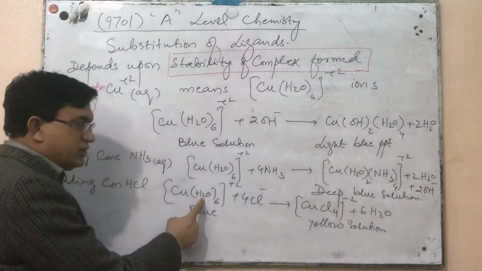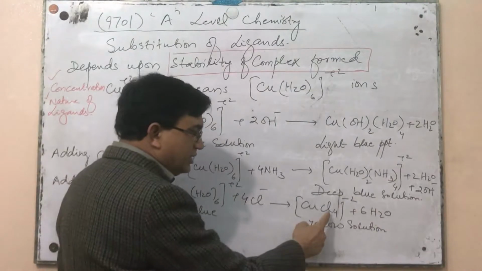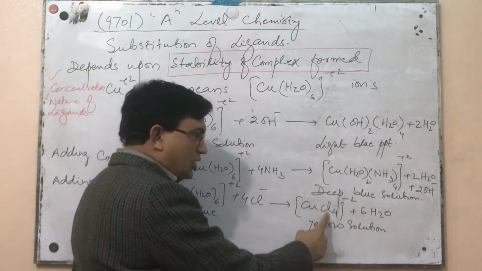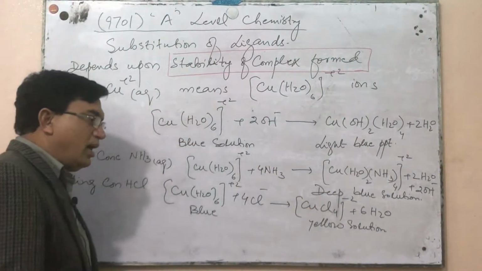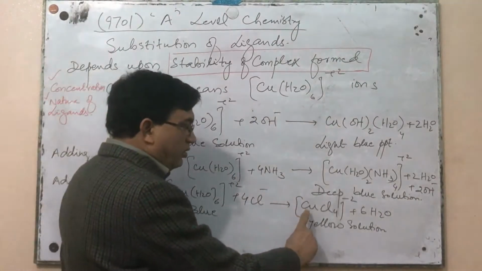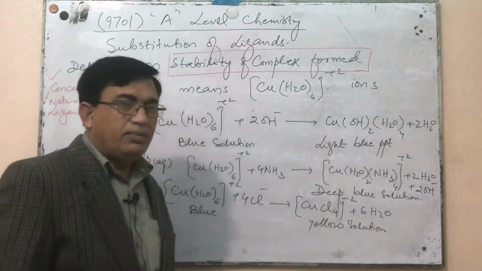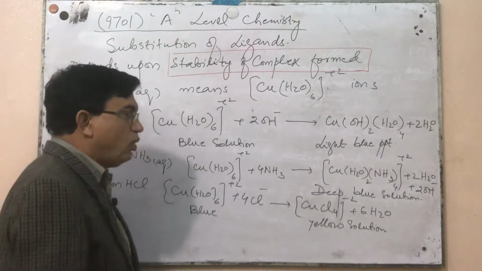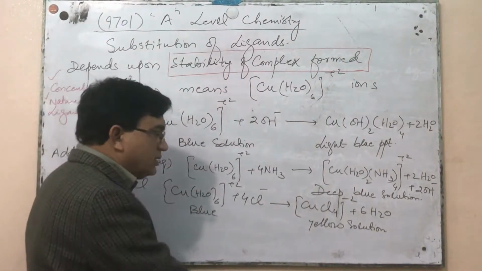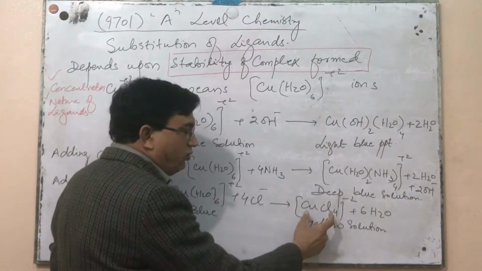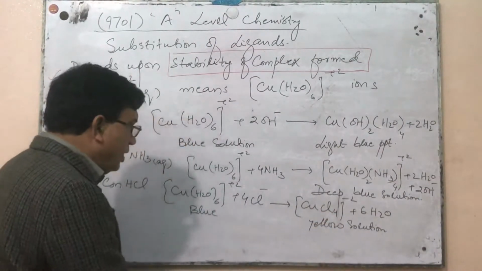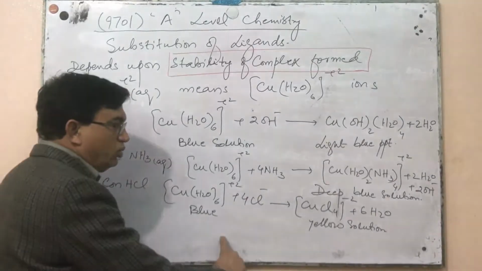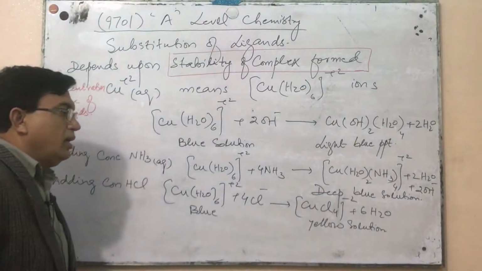Instead of 6 ligands, due to the larger size and negative charge of chloride ion, only 4 chloride ions are capable of occupying the whole space around the copper 2 ion. That's why a tetrahedral geometry of this complex is formed and the color changes from blue to yellow.